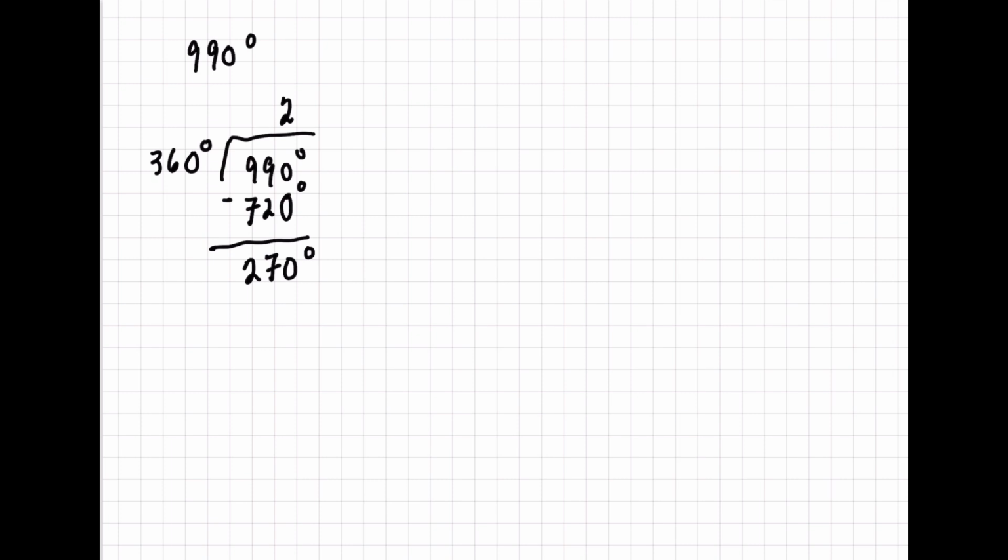So whatever the remainder is, in this case, it's 270 degrees. That is going to be our coterminal angle. So whatever the values are of 270 degrees, that is going to be the same set of values for 990 degrees. So what are the 6 trigonometric functions for 270?